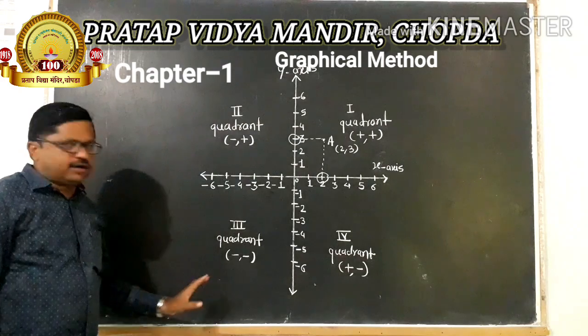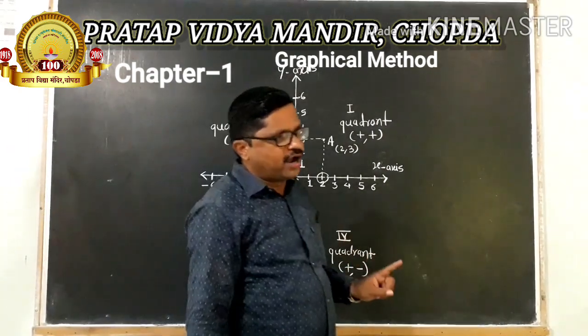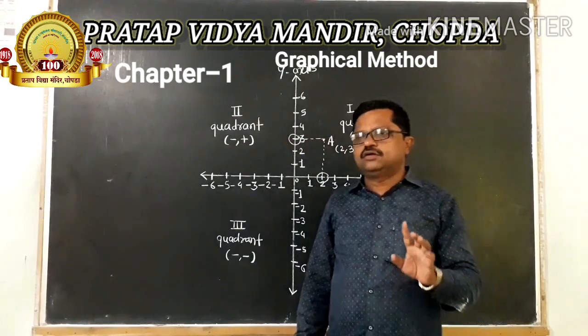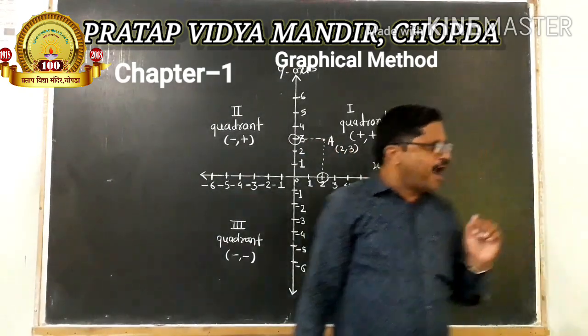In any quadrant, you can take a point and find out its x coordinate and y coordinate.